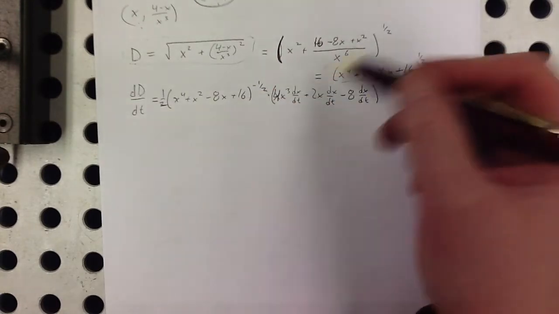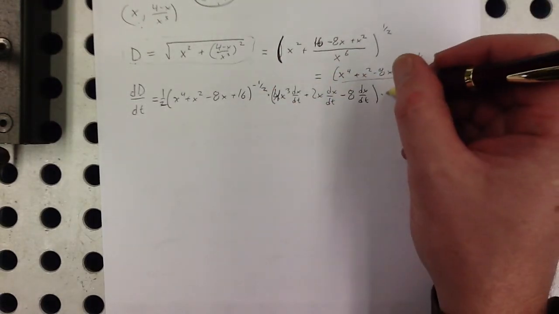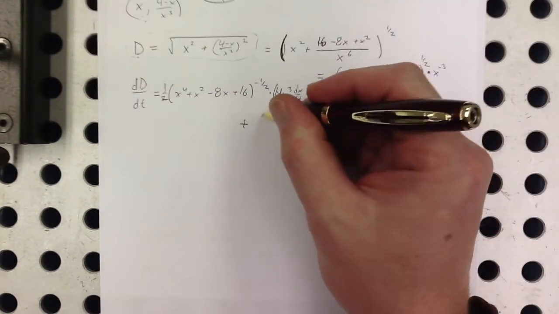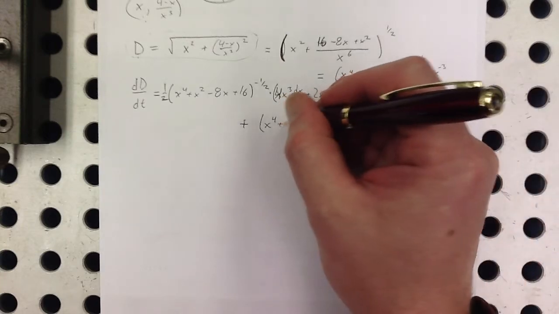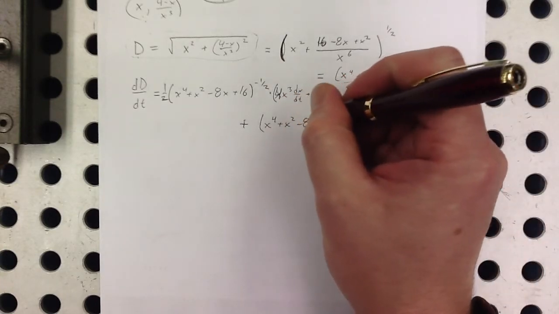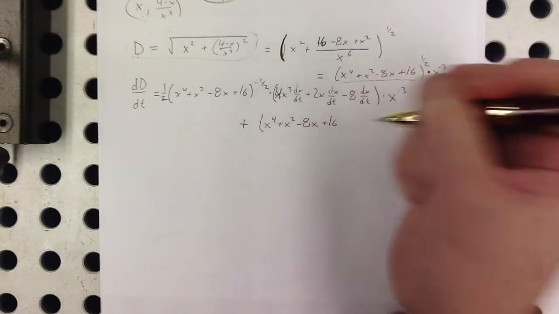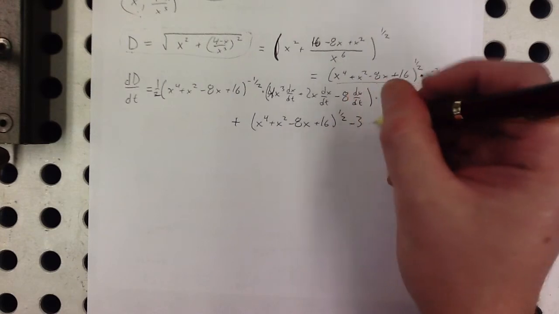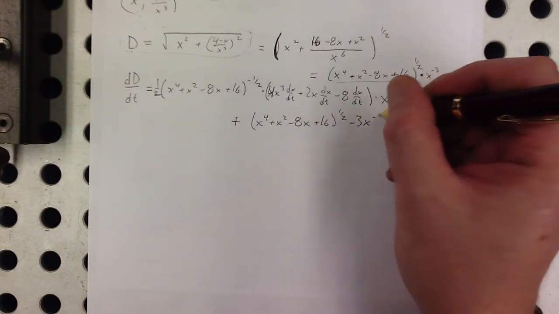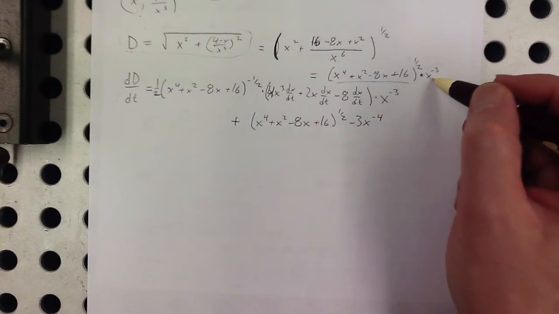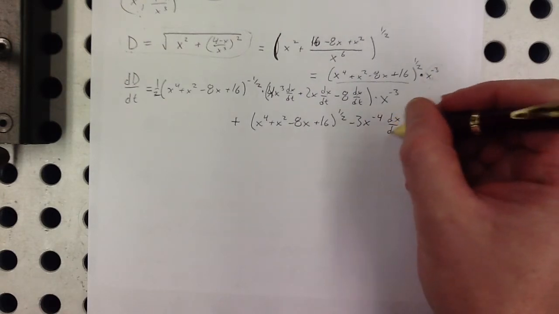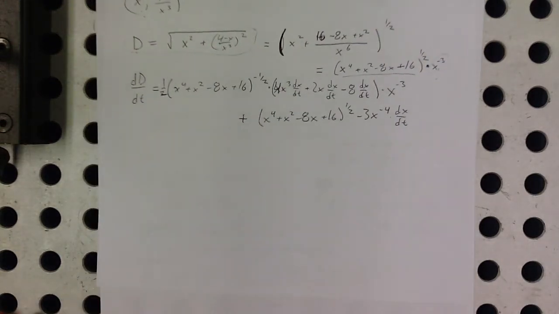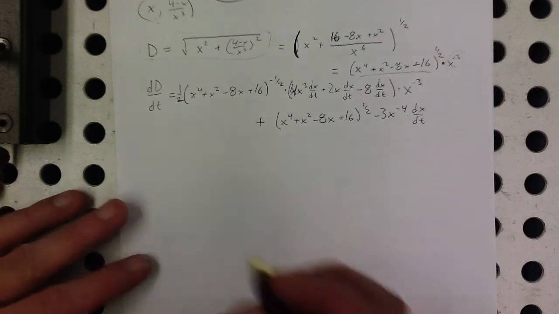Okay, that's the derivative of the first times the second, plus the first times the derivative of the second. And I'm taking the derivative of something with an x in it here, so don't forget that another dx dt is going to pop out there. Okay, so I think we actually have all of the information that we need here.